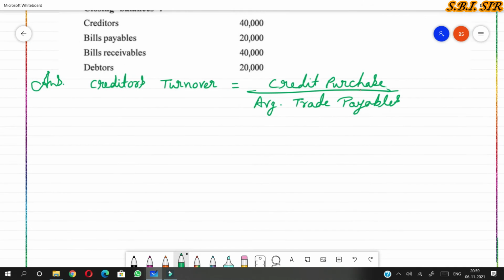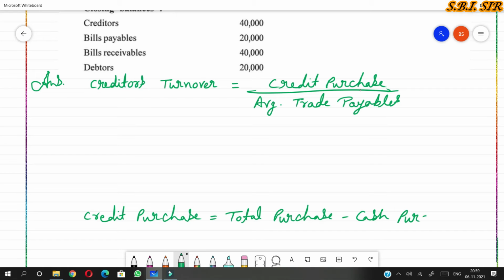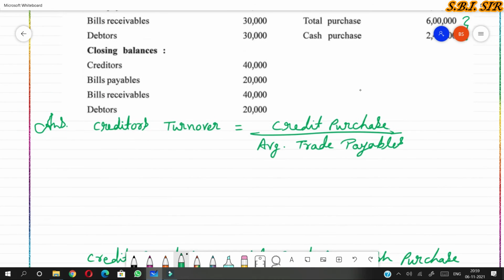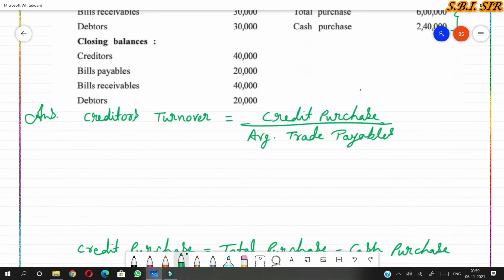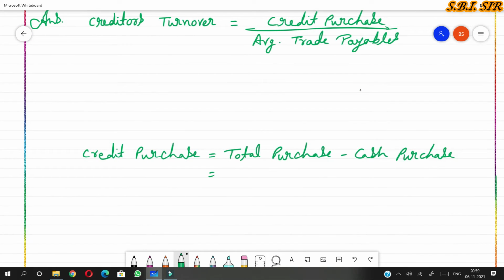So credit purchase equals total purchase minus cash purchase. Total purchase is 6 lakh and cash purchase is 2,40,000. 6 lakh minus 2,40,000, we will get 3,60,000 credit purchase.